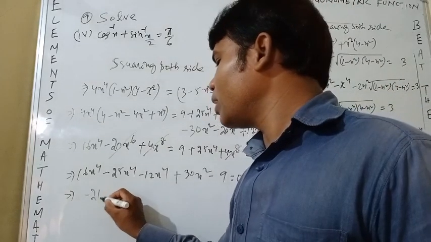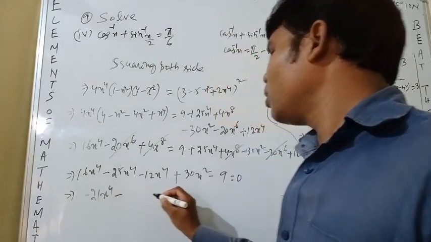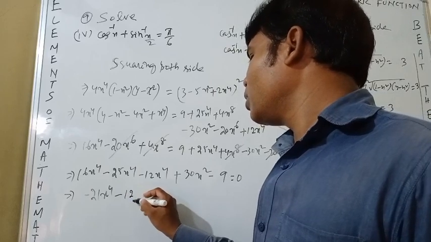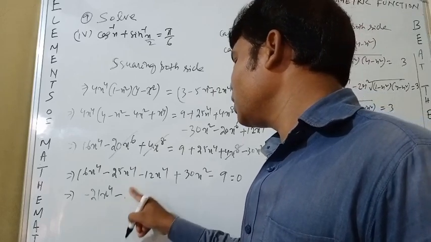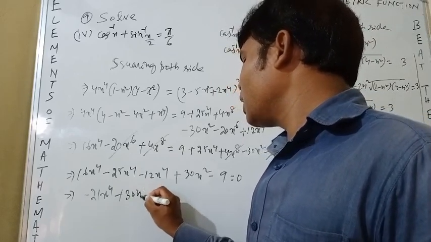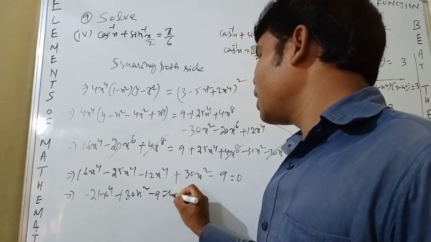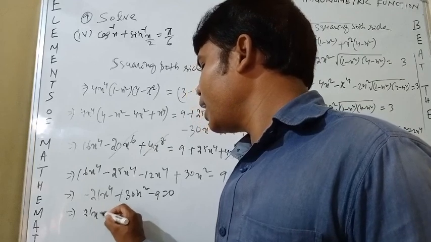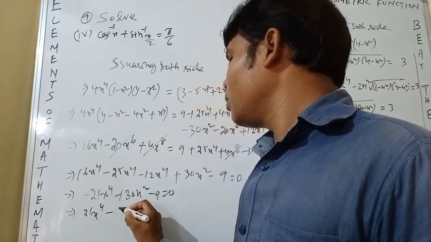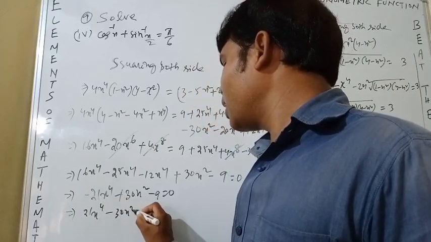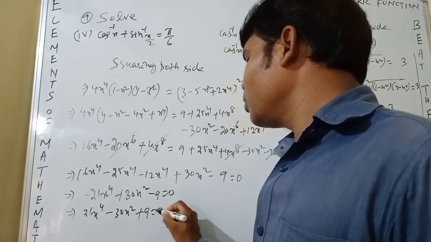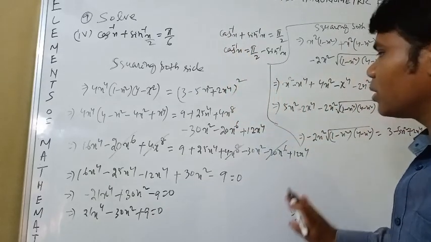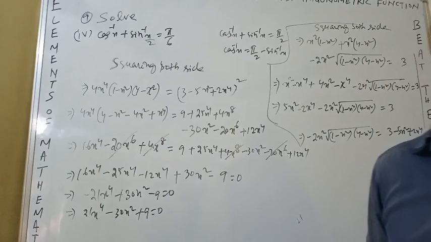This is minus 21 x^4 plus 30 x square minus 9 equal 0, or I can write 21 x^4 minus 30 x square plus 9 is equal to 0. Okay, pause the video.